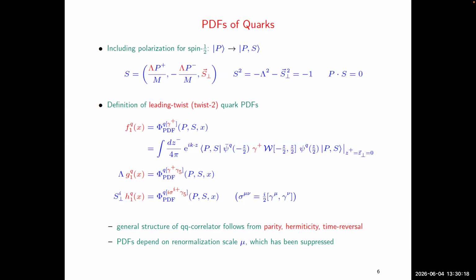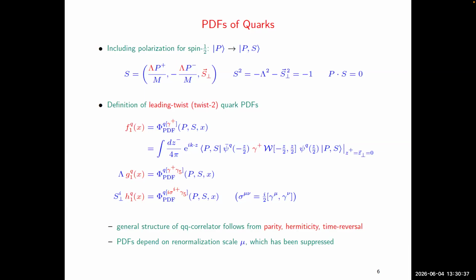The interpretation is: F1 is a density of unpolarized quarks in an unpolarized nucleon, G1 is the density of longitudinally polarized quarks in a longitudinally polarized nucleon, and H1 the density of transversely polarized quarks in a transversely polarized nucleon.